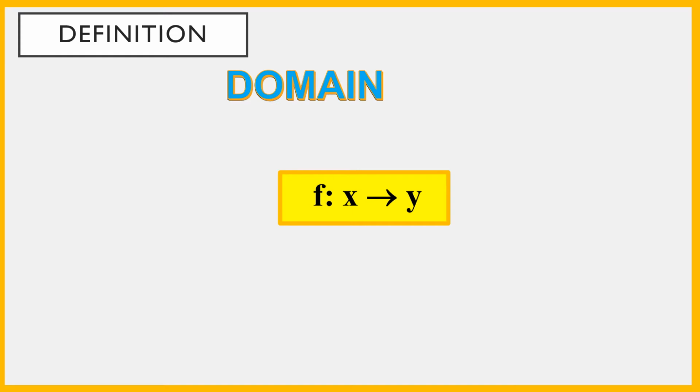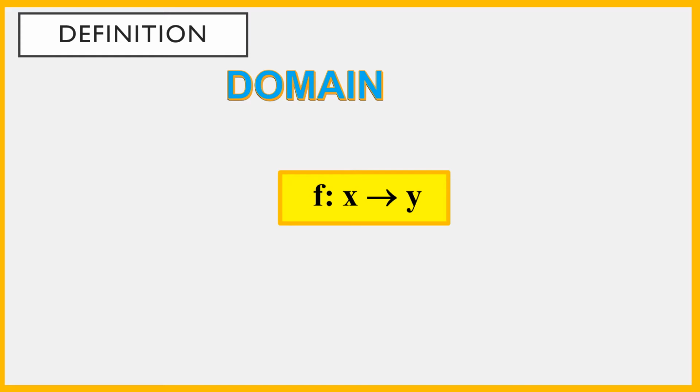So what is the domain and range of a function? Let's consider f, a function that maps elements of set x to set y. That is, f such that x maps to y. Then the domain of the function f is the set of values of x for which the function is defined.